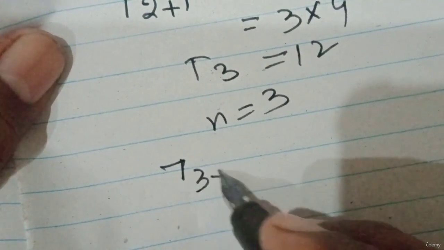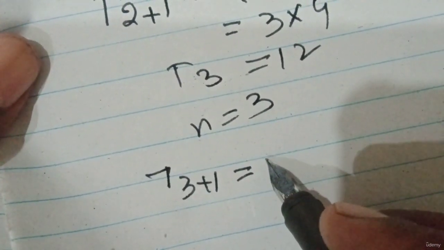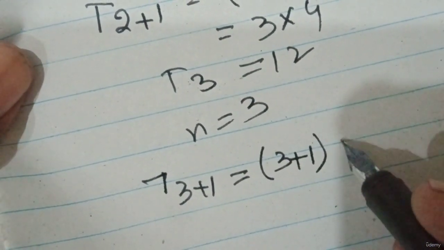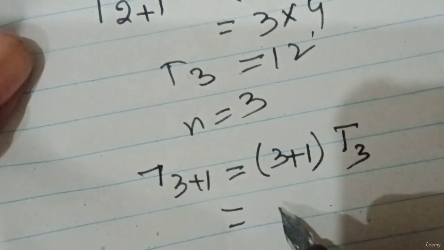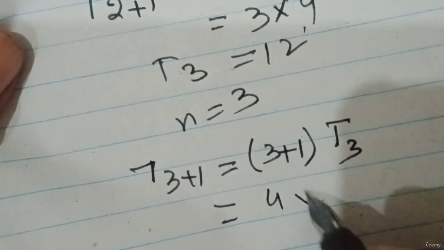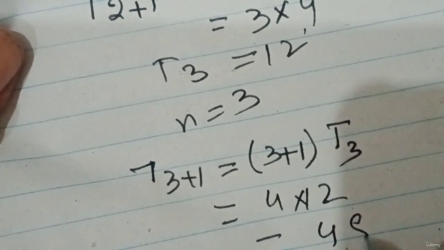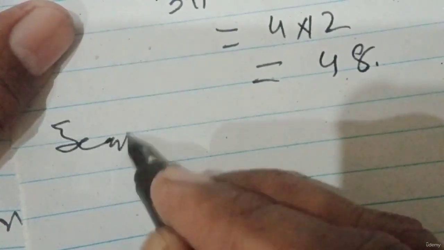Similarly, put n is equal to 3, you have t3 plus 1 is equal to n plus 1, 3 plus 1 into t3. Now t3, you observe that it is 12, 3 plus 1 is 4 and multiply by 12 and it will be 48. So the sequence, you have to find the sequence.